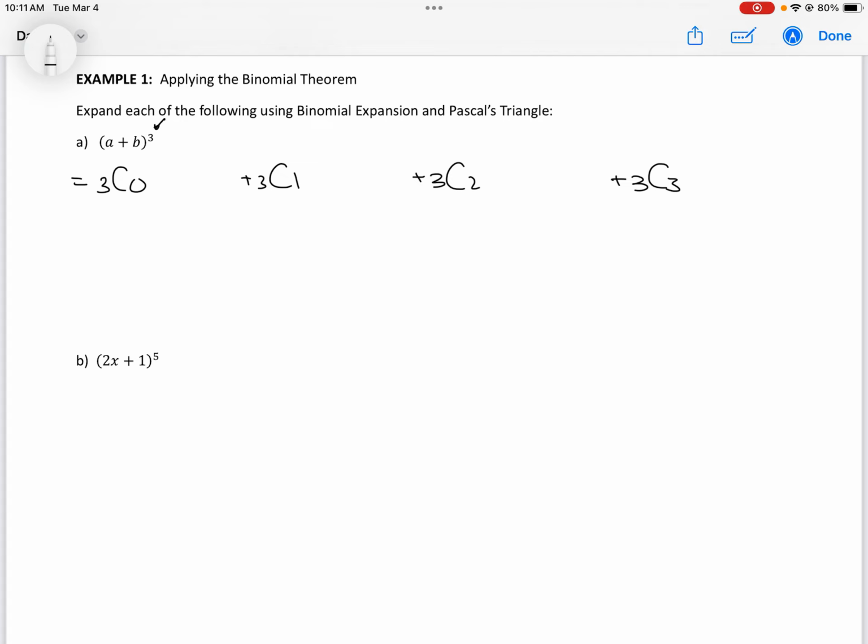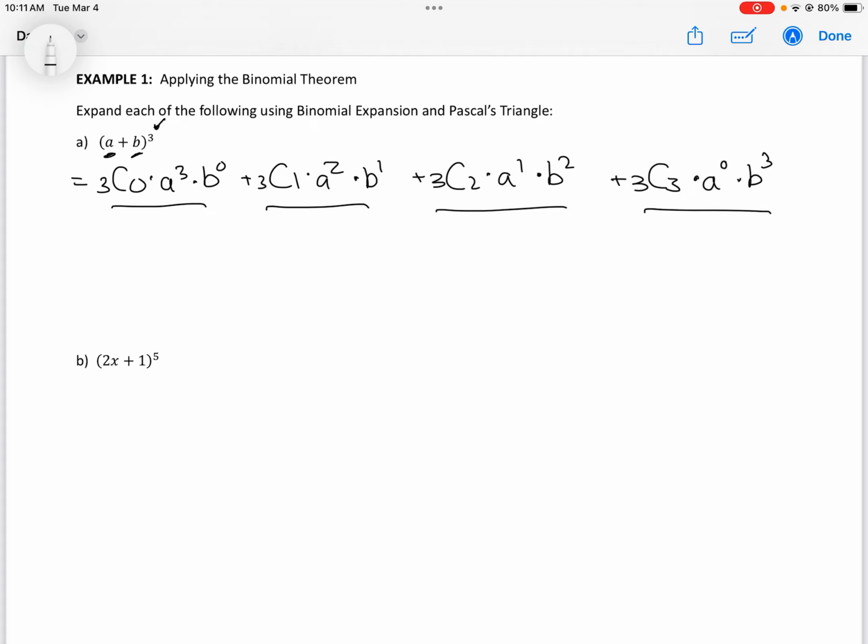Now we continue with the first term, a: a to the 3, a to the 2, a to the 1, and then a to the 0. Now let's pattern the b: b to the 0, b to the 1, b to the 2, and b to the 3. And if you take a look, there are 4 terms here, which is the 3 plus 1.